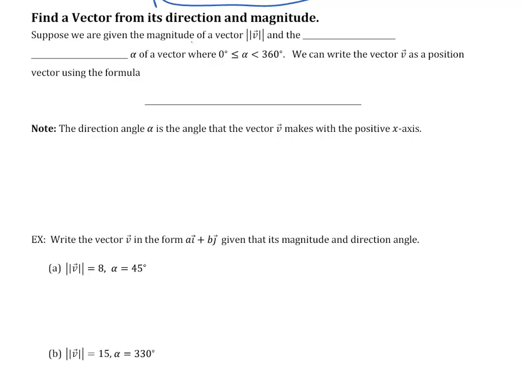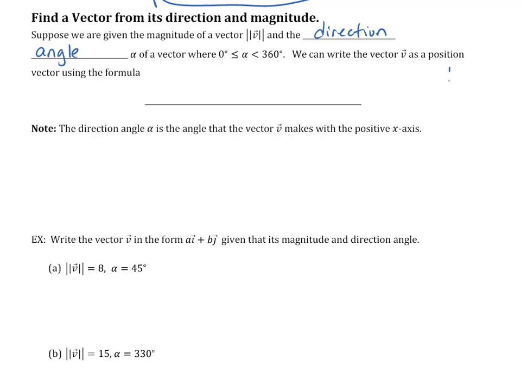So suppose we are given a vector with magnitude ||v||, a double bar v, and the direction angle, which I will call alpha, where alpha is between 0 and 360 degrees.